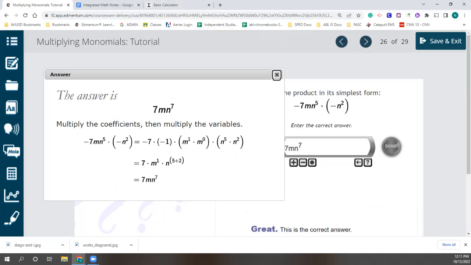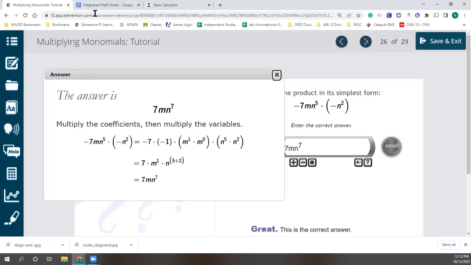Holy cow, I got it correct. So this gives you an example of how that happened. I believe 1 times a 0 is supposed to be 0. So how we still have a 1 here is one of the things that confused me.